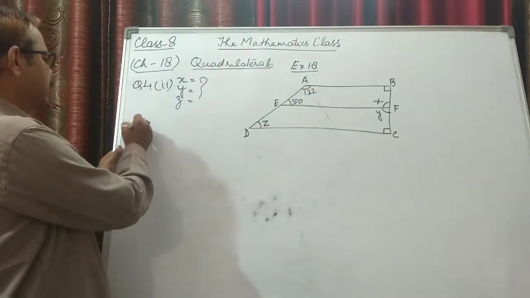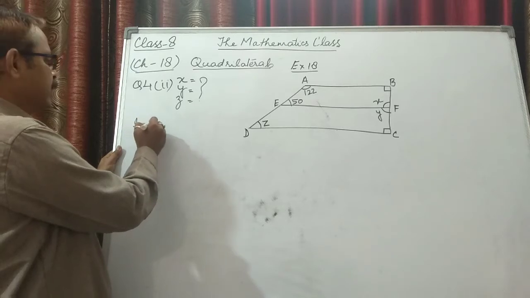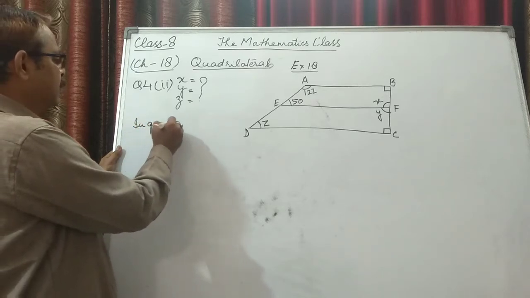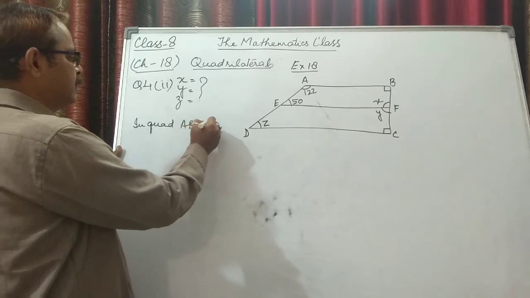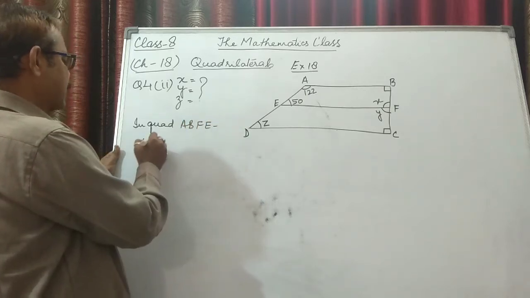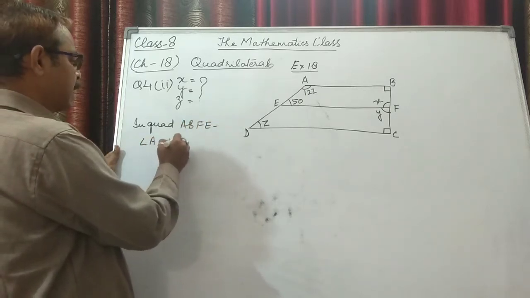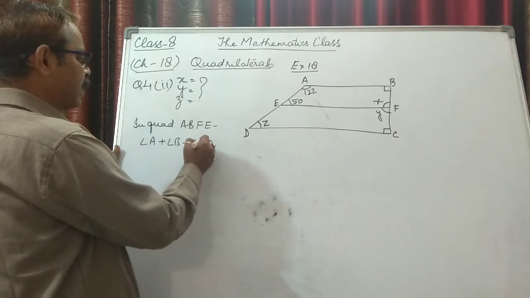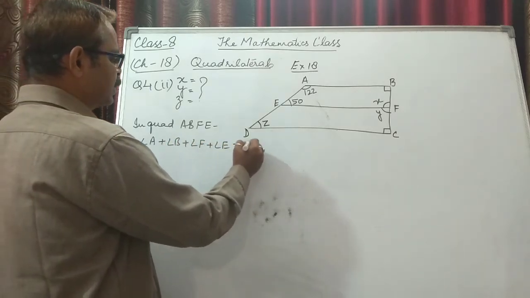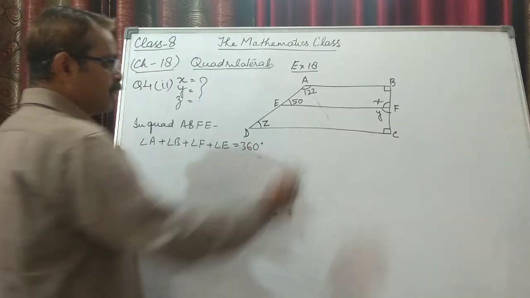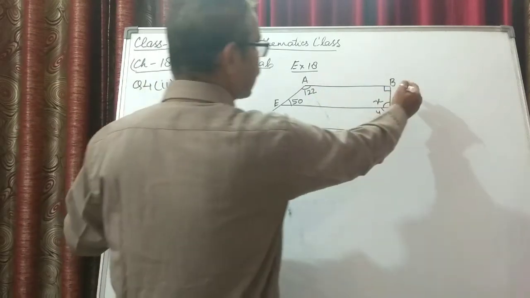So first part, in this also the first part, in quadrilateral ABFE, what we can say, angle A plus angle B plus angle F plus angle E is equal to 360 degrees according to the theorem. Now angle B, this arrow means 90 degrees.